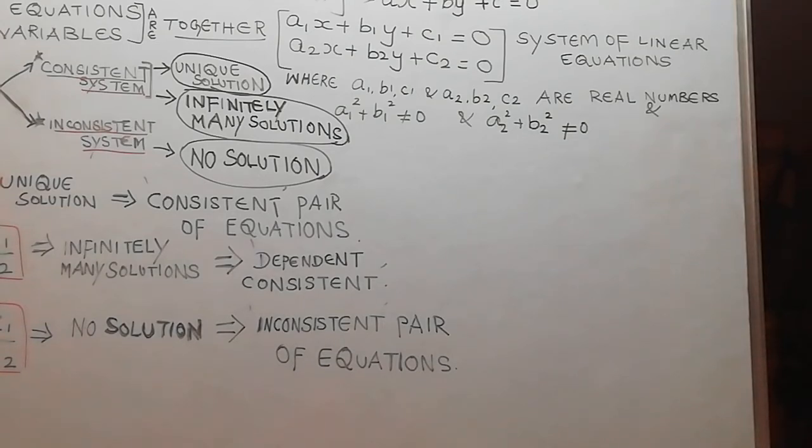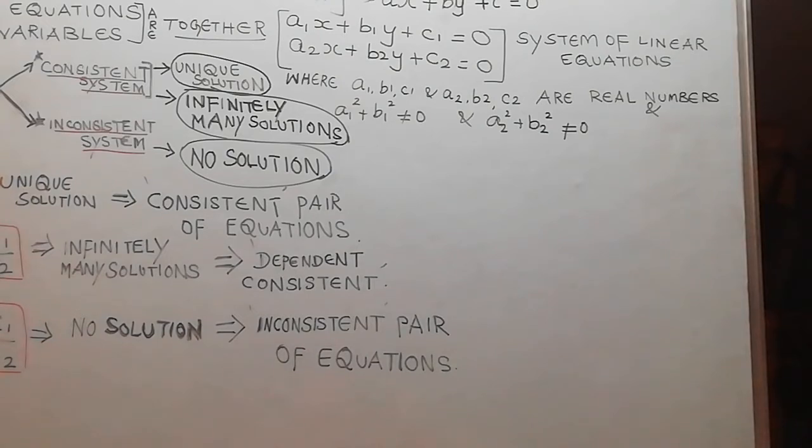Consistent system means the pair of linear equations may get a unique solution. Unique means one and only one solution. Or it may get infinitely many solutions. For both these conditions, the pair of linear equations will be called a consistent system.